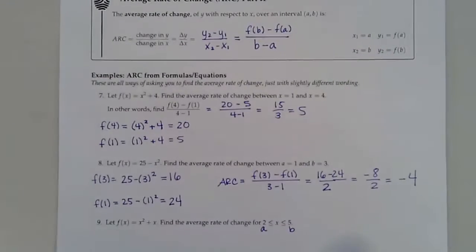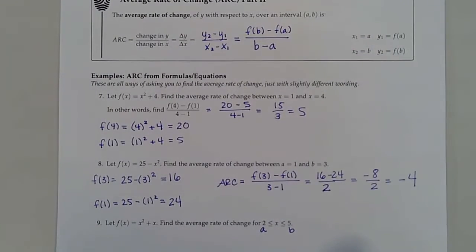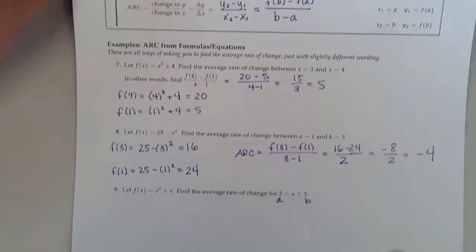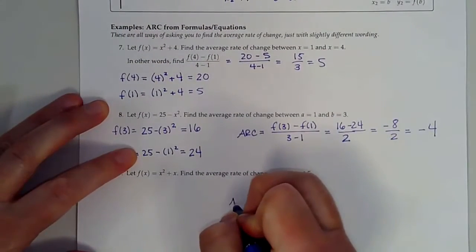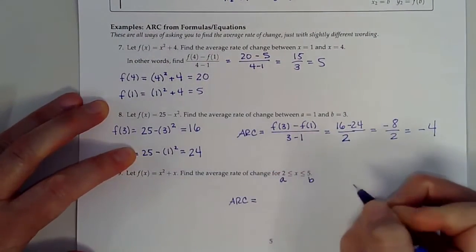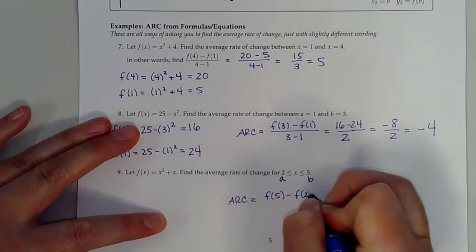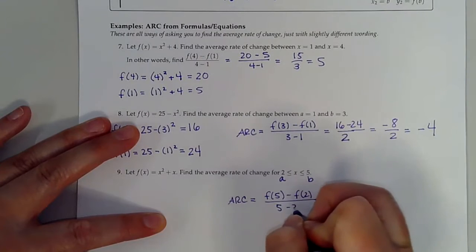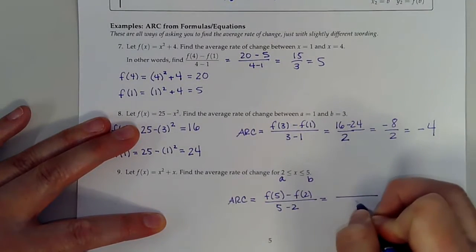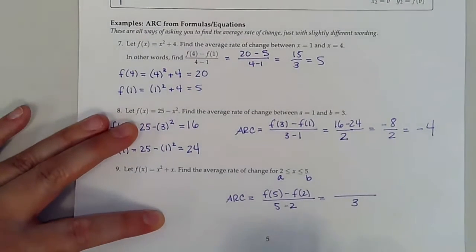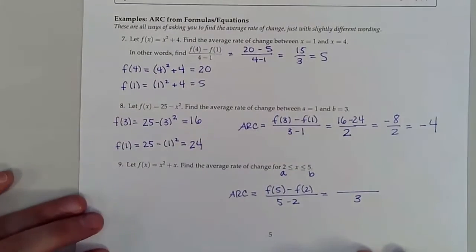All right, so hopefully you gave that a try. Let's see if we can work this one out together. All right, my average rate of change here is going to be f of 5 minus f of 2 over 5 minus 2. So do you know that that denominator is 3? That one's easy enough to do in my head.